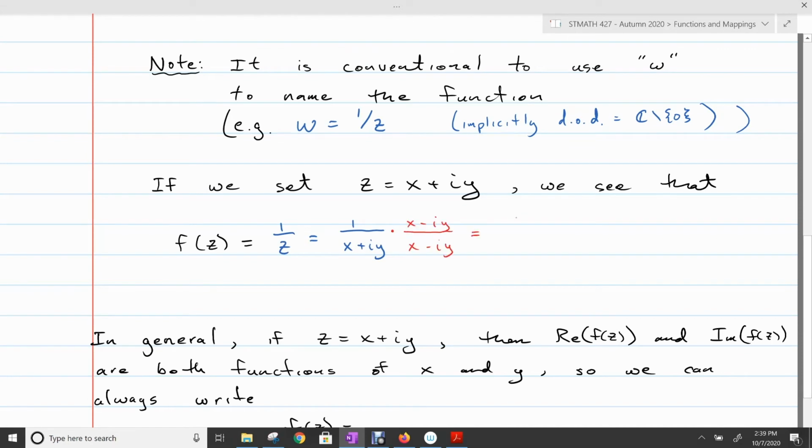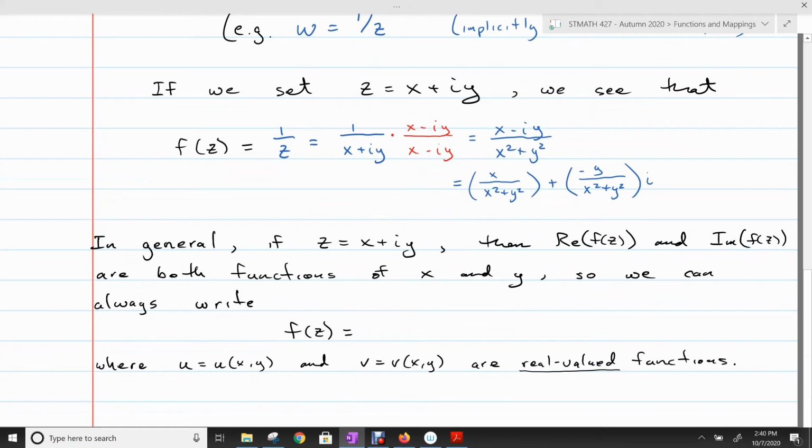And when we do that, that would work out to x minus iy over x squared plus y squared, which we could then break into its real and imaginary parts. So x over x squared plus y squared plus, then we'd have negative y over x squared plus y squared multiplied times i.